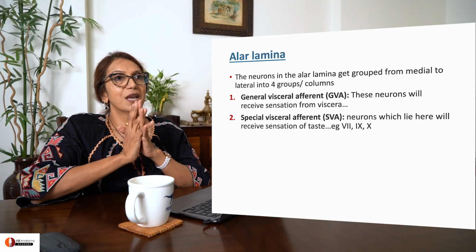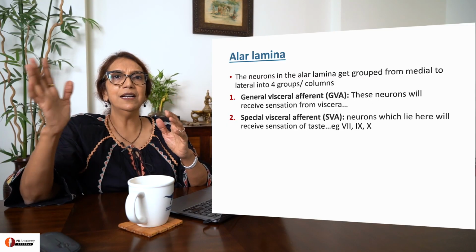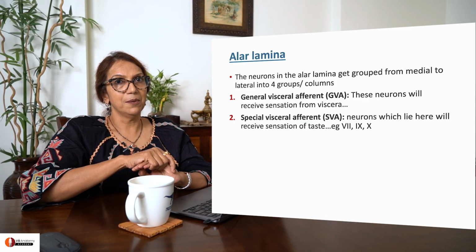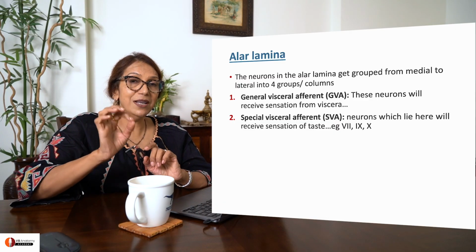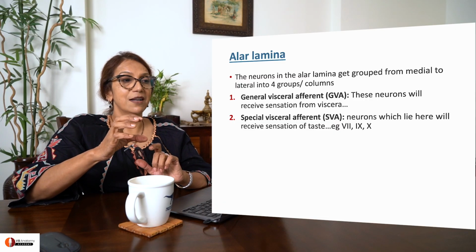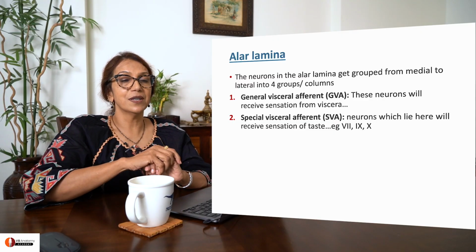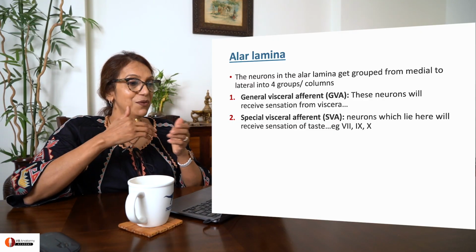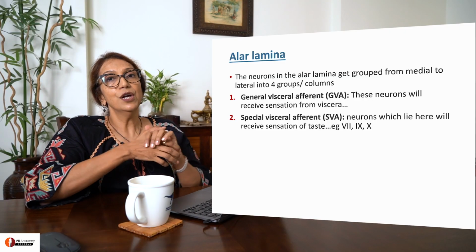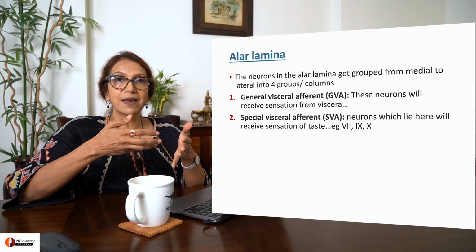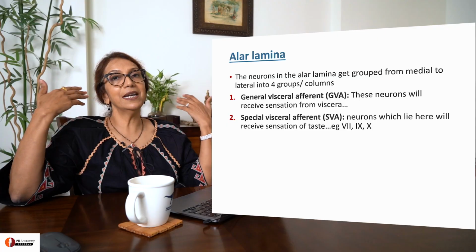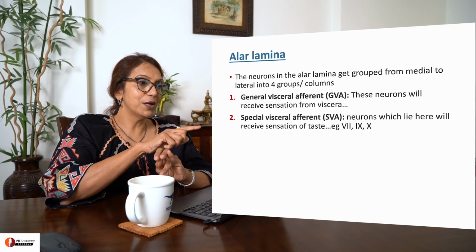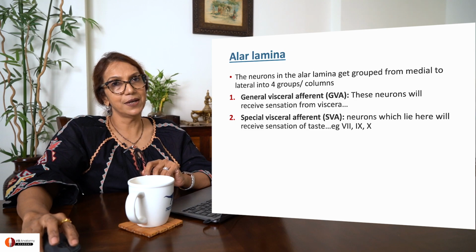Those neurons which get information from general viscera will be grouped under GVA. But those who get special information from the viscera will come under special visceral afferent. This includes all those who are getting taste sensation. For example, your 7th cranial nerve, your 9th cranial nerve, your 10th cranial nerve. They are carrying back taste sensation from your oral cavity. So those nuclei will be called special visceral afferent.